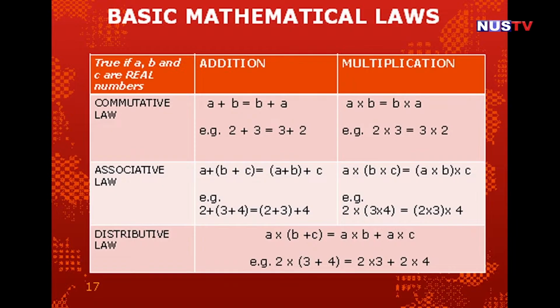Remember the order of operation? You do the bracket first: 3 plus 4 is 7, and then you add the 2, it's going to be 9. And on the other side, 2 plus 3 is 5, 5 plus 4 is 9. Okay? So that's the associative law for addition.